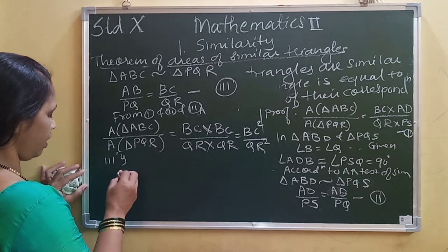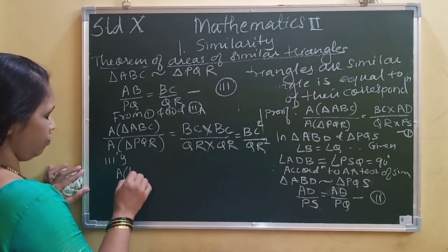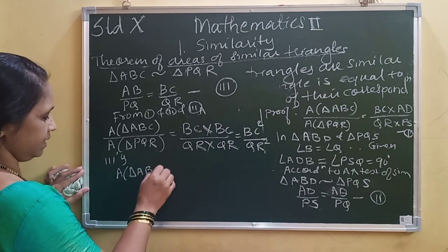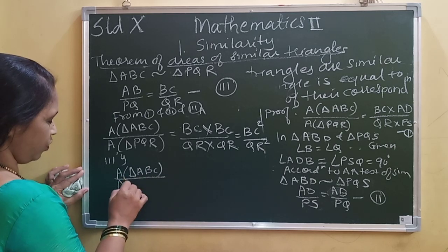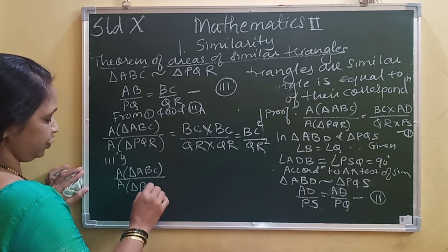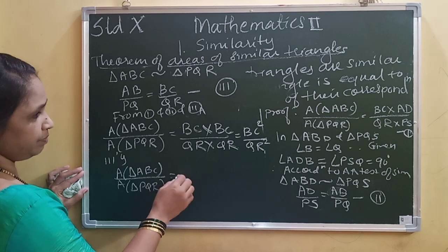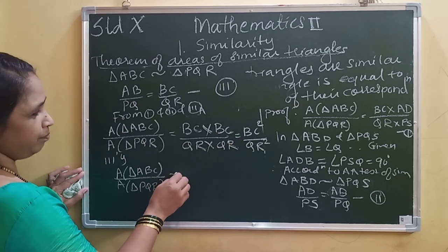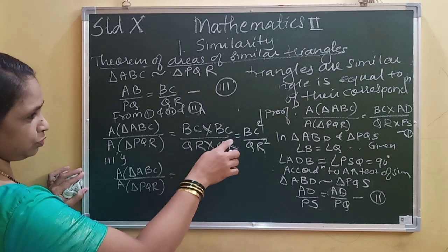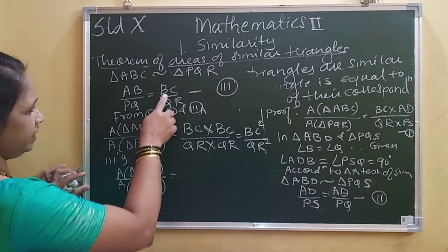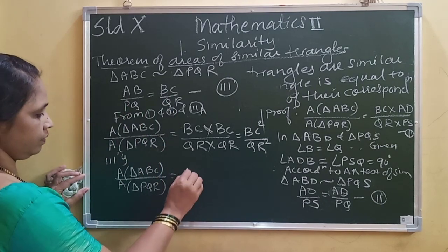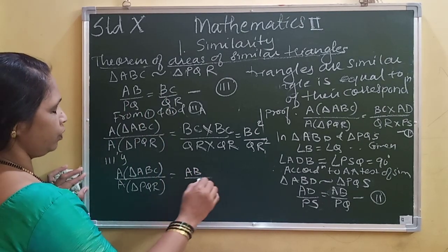Similarly, area of triangle ABC upon area of triangle PQR, what is it? BC into AD. Now BC into AD we have substituted. BC is what?